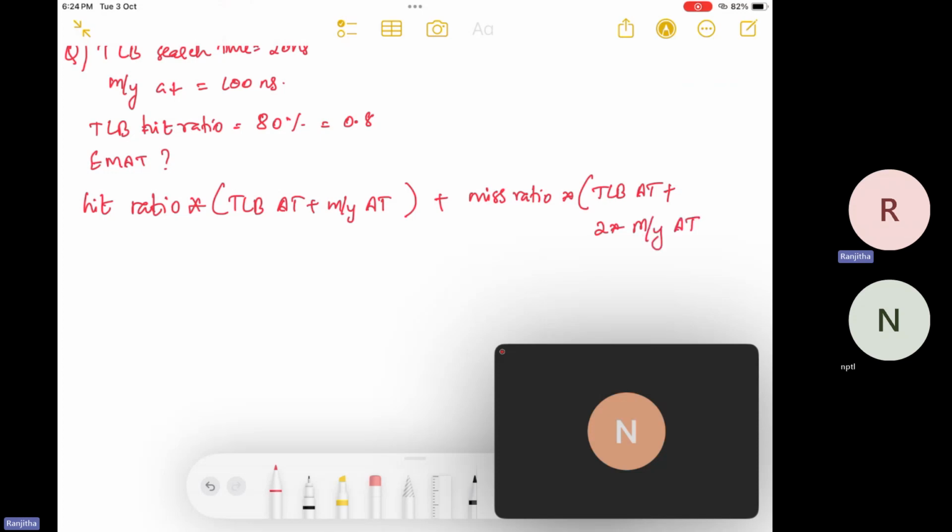This is 2 because first we access the memory for the page table, then we do the actual memory access. Here one is the page table access and the other is the actual memory access. So if we substitute the values, the expected memory access time will be: hit ratio is 0.8 and miss ratio is 1 minus hit ratio.